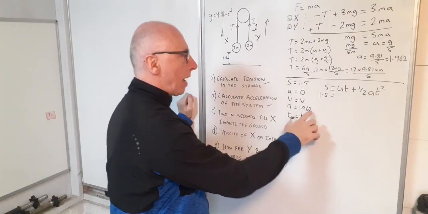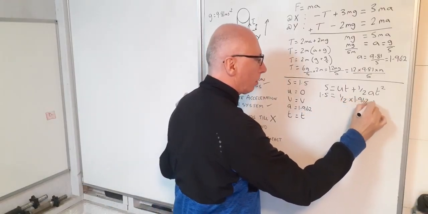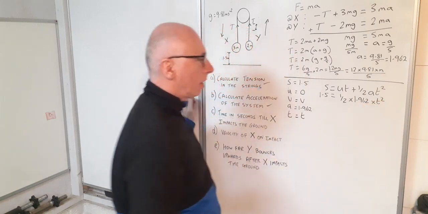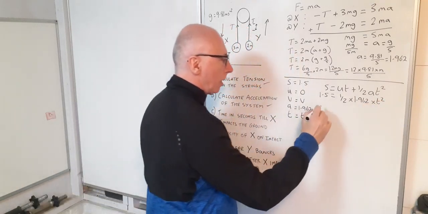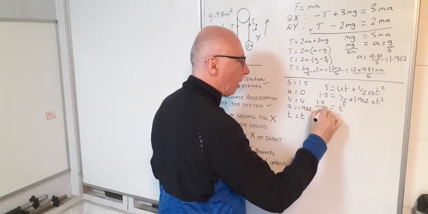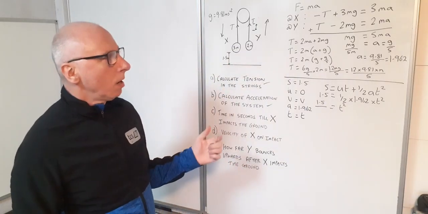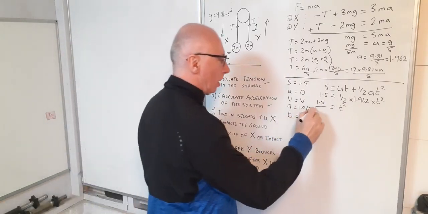So a half times 1.962 times T squared, in which case T squared will equal 1.5 over half of 1 times 1.962. Well, that's just going to be 9.81.